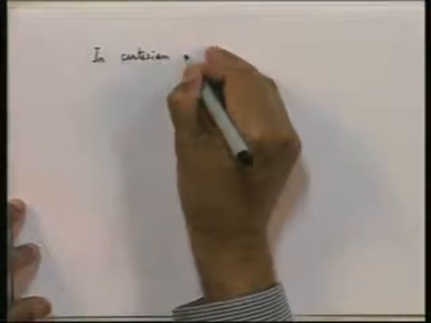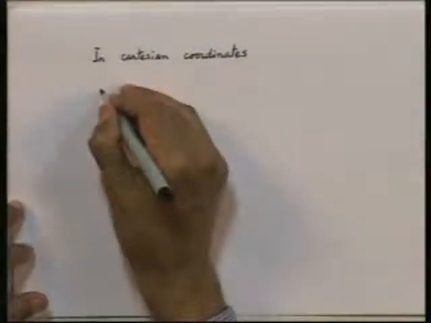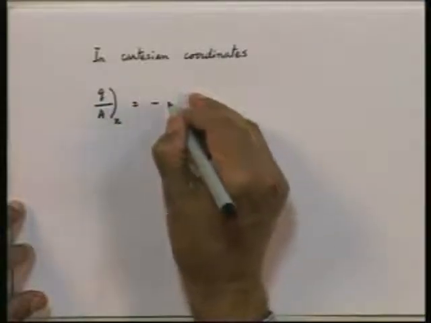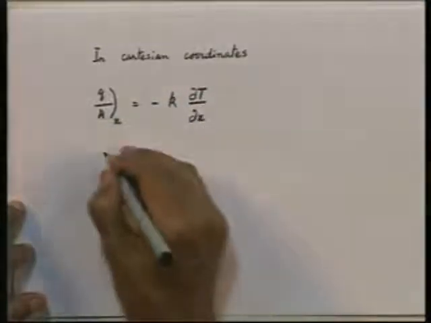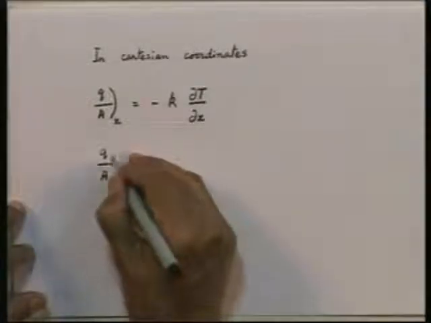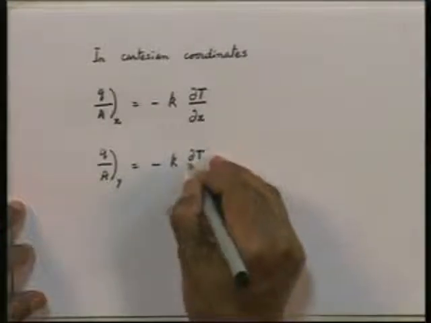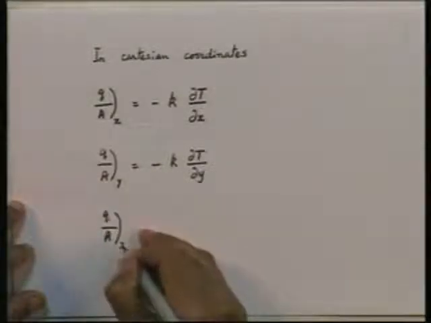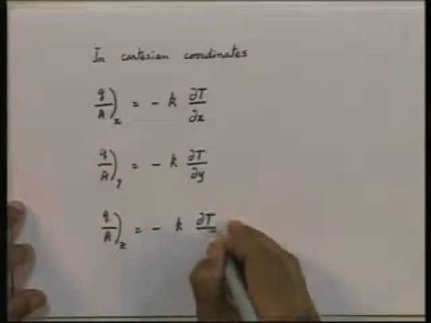In Cartesian coordinates, the statement of Fourier's law would be Q by A in the x direction is equal to minus K dT dx, Q by A in the y direction is equal to minus K dT dy, and Q by A in the z direction is equal to minus K dT dz.